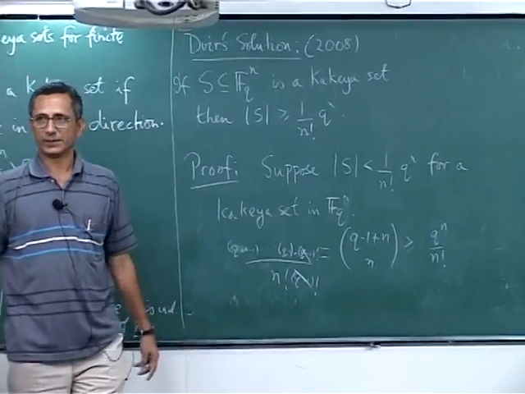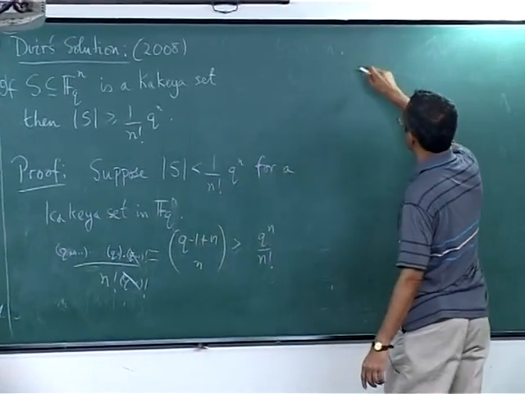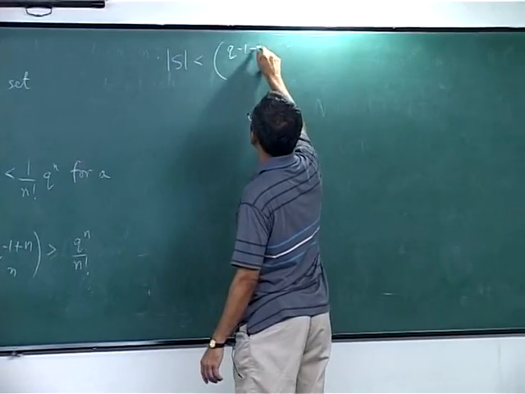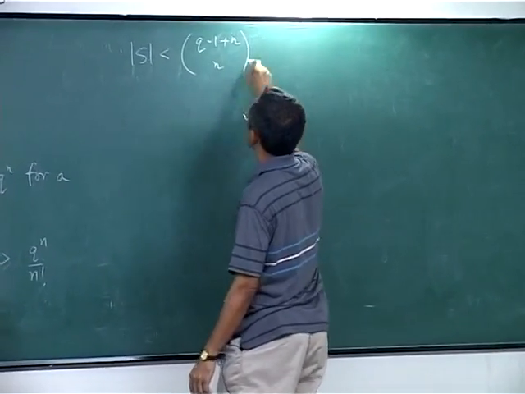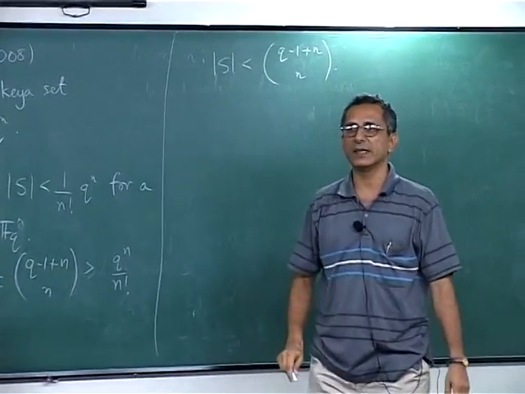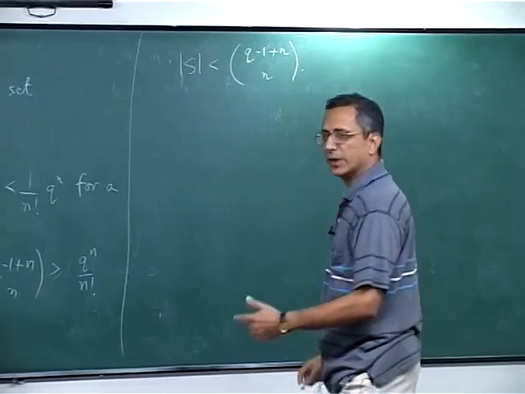And so that's clear. So if cardinality S is less than q power n by n factorial, I know cardinality S is less than q minus 1 plus n choose n. So there is a polynomial of degree at most q minus 1 that I can put through it.